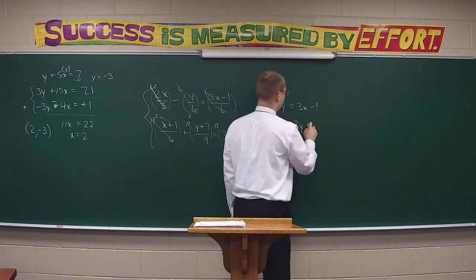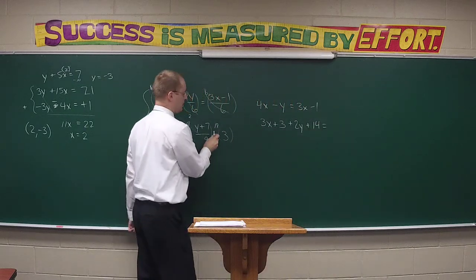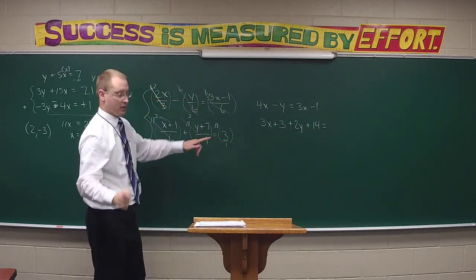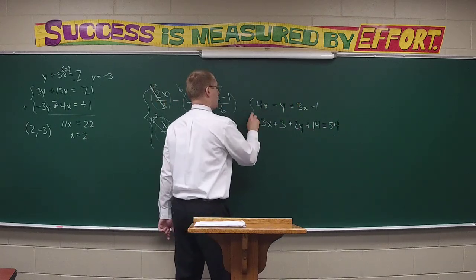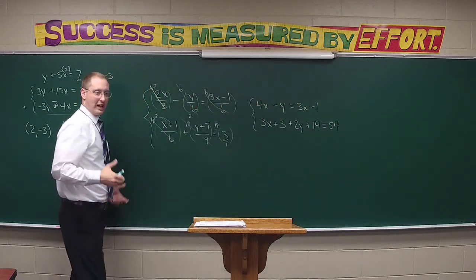Good. And then here, nothing cancels, remember it's over 1, so don't cancel to get a 6, instead you multiply to get 54.